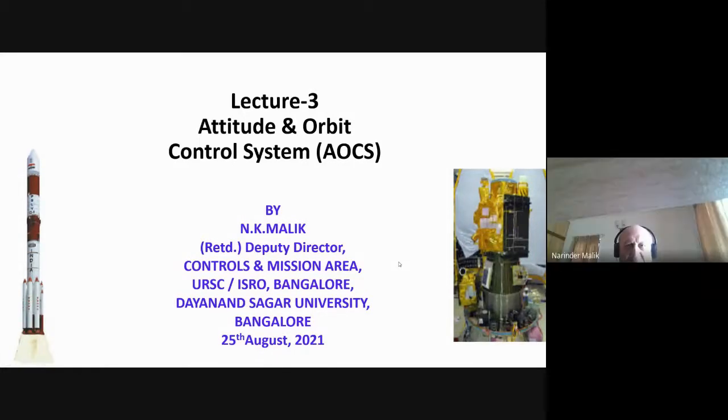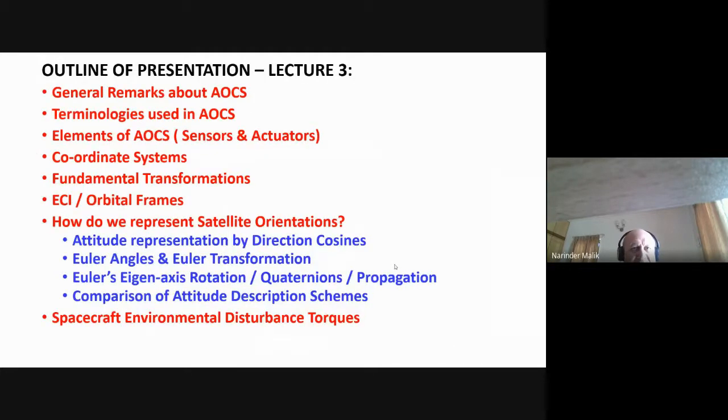Good morning, everybody. Today is the third lecture from my side. I'll be covering the attitude and orbit control system related activities. My presentation outline is as follows: general remarks about AOCS, terminologies used in AOCS.